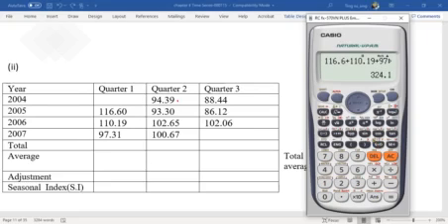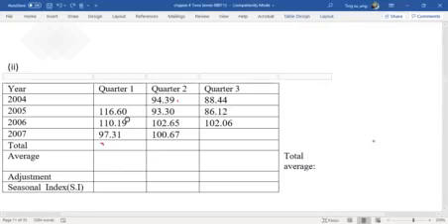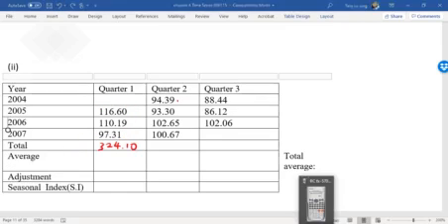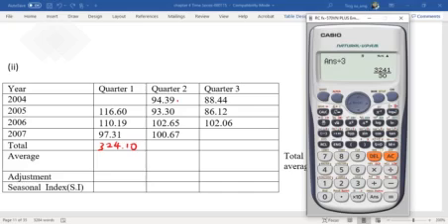So you have 324.10. After that, get the average. Now, how do you get your average? Obviously, how many data here? 3, right? So for average, you need to divide by 3, because you have 3 data added together. So you got 108.03.